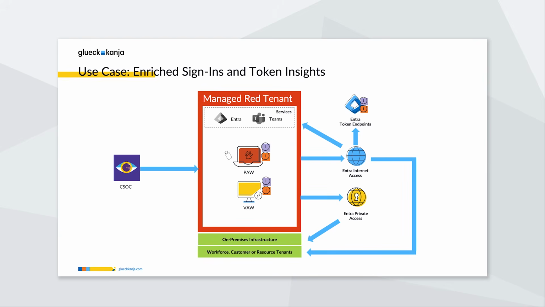What we have in place here is that as soon as a Managed Red Tenant user from the VAW, from the PAW, requests access, there's a communication to the token endpoints in Microsoft Entra to get the tokens for accessing the resources. And that offers us additional signals and lets us build a correlation between the Entra sign-in logs, but also the network access events.